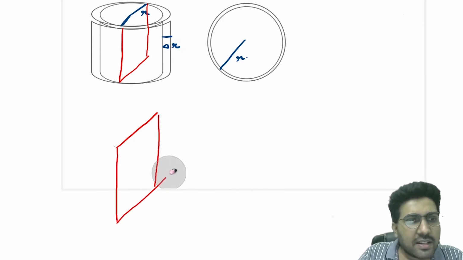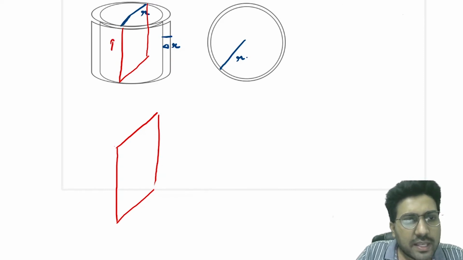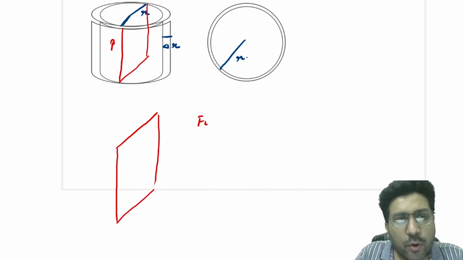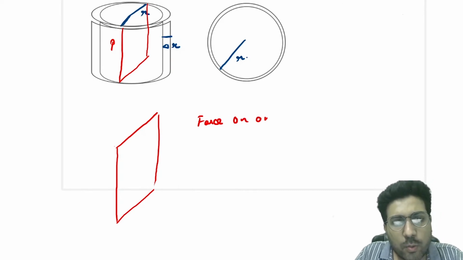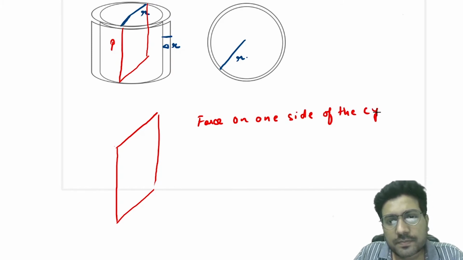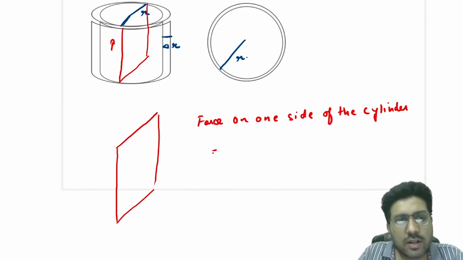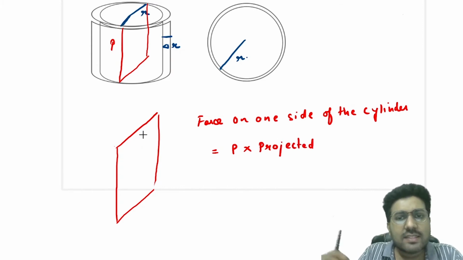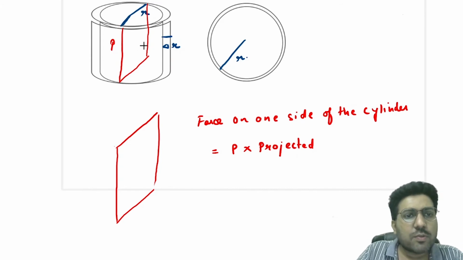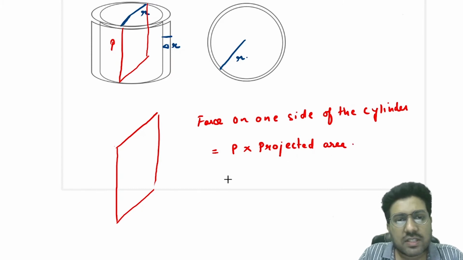And suppose the internal pressure is P, then you will say that the force on one side of the cylinder is equal to the pressure multiplied by the projected area. We have discussed this in fluid mechanics. The force on one side of the cylinder will be equal to pressure multiplied by projected area. Pressure is the same everywhere.